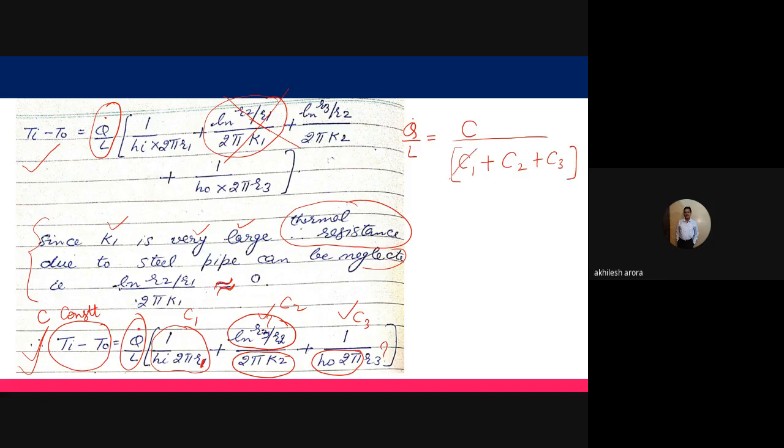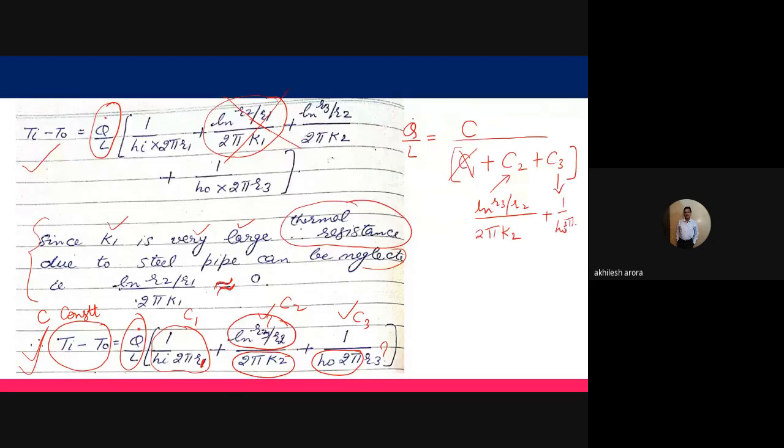Let us forget about C1 because it's a constant value. It is not going to change. This is C2: log natural R3 by R2 divided by 2 pi K2, plus 1 over H naught, 2 pi R3, which is C3.